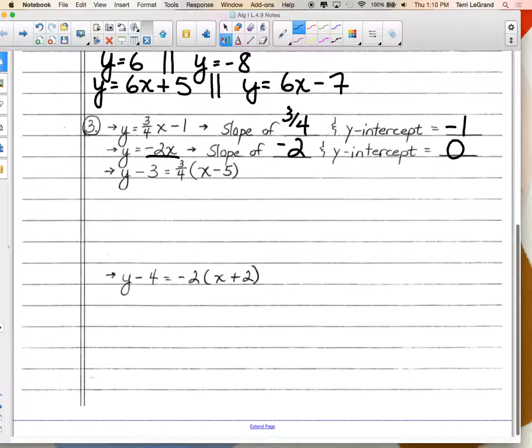They've got to have the same slope. Well, we can get the slope out of it, can't we? Okay, let's identify. What is the slope? 3/4, it's right there, okay? Is that all we need? No, what else do we need? We need the y-intercept.